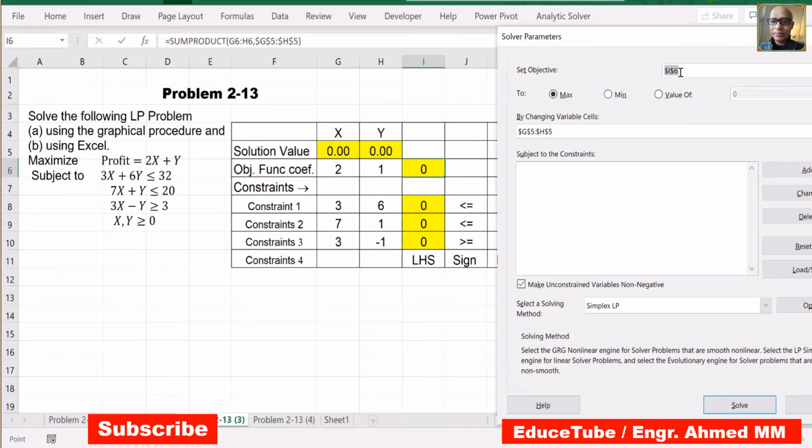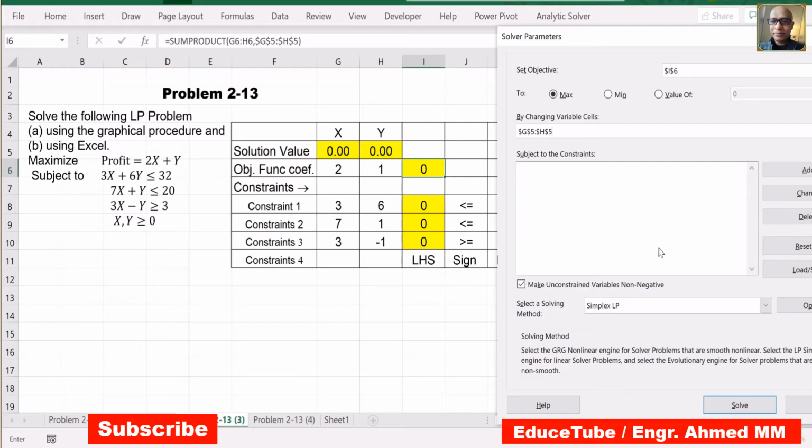That is why it is I6. So it is selected for Set Objective. Now the By Changing Variable Cells will be these two, that is why it is G5 H5. So we select these two here.